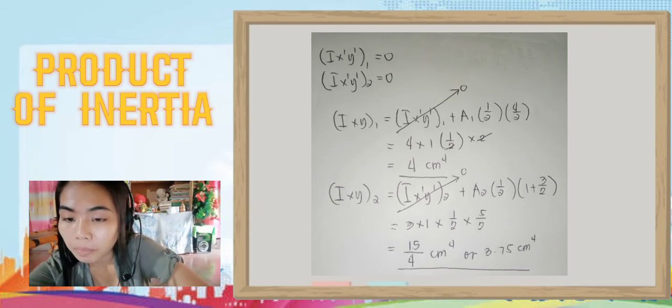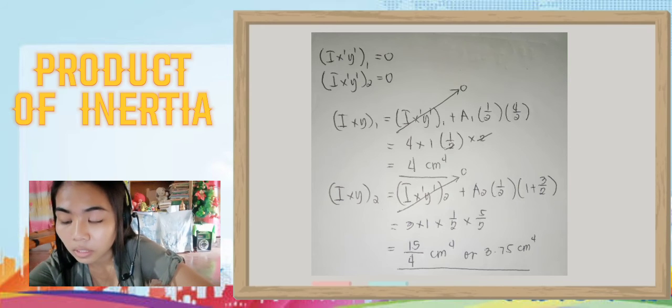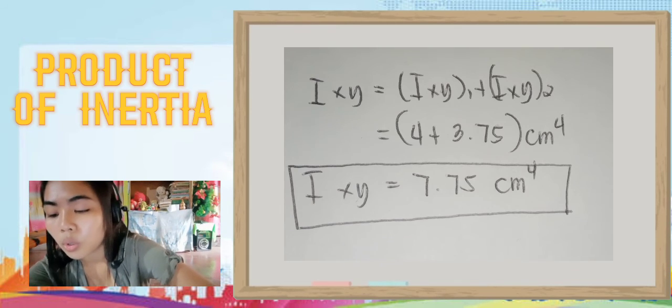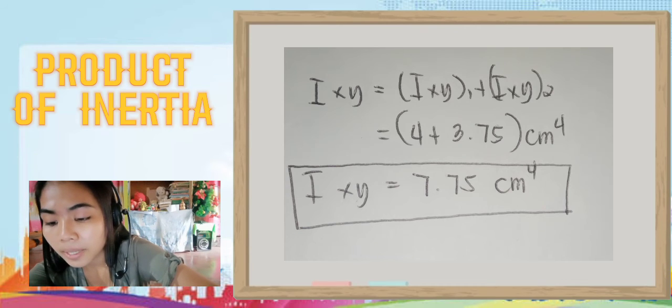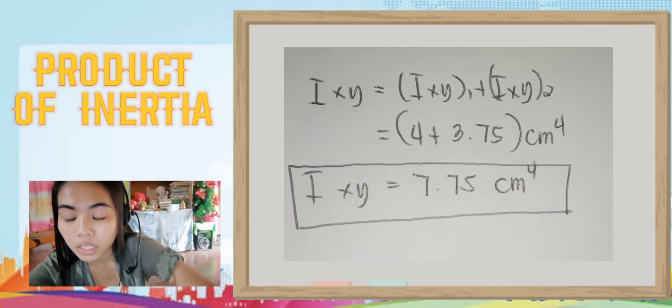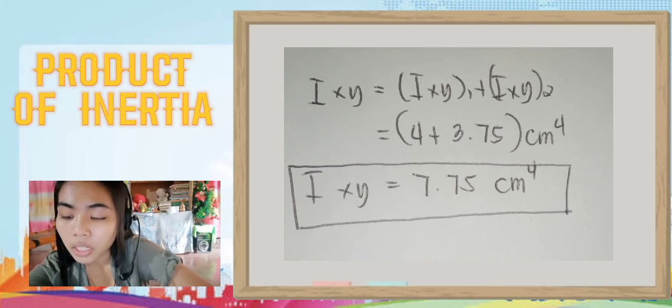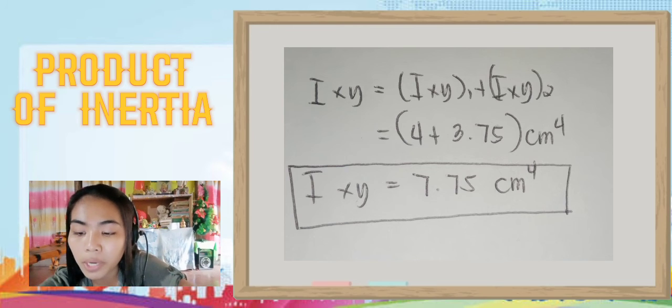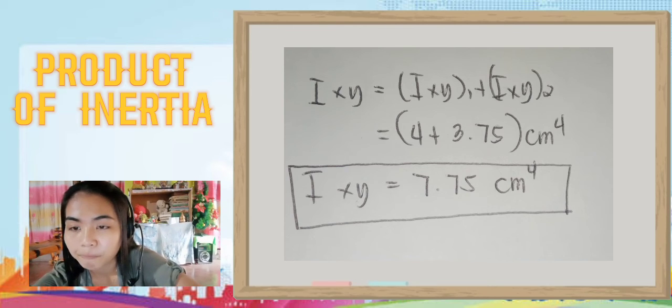So, para makuha natin ang product of inertia, i-add natin yung I_xy1 at ang value ng I_xy2. So, I_xy1 is equal to 4 plus I_xy2 is equal to 3.75, at yung unit na centimeter raised to 4 kasi common unit nila yan. So, ang total natin, ang value ng I_xy natin is equal to 7.75 cm raised to 4.